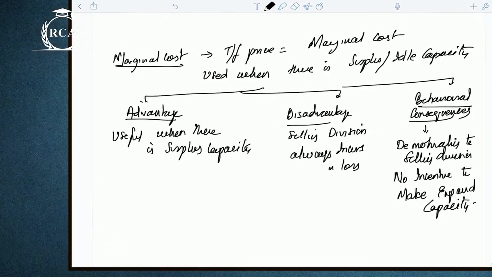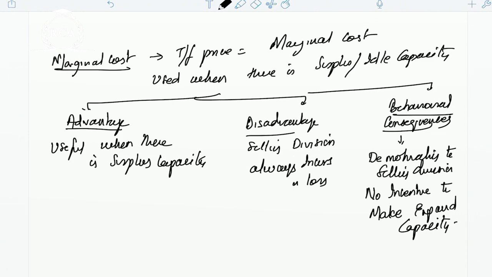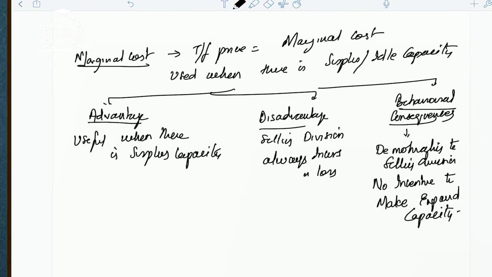You can pause and copy this, guys. Yes, beta. I hope you're all clear about this.